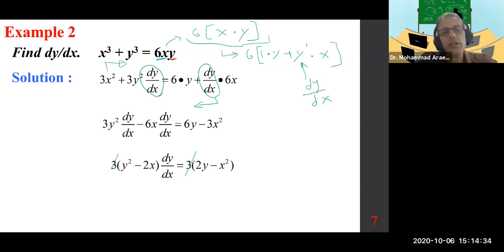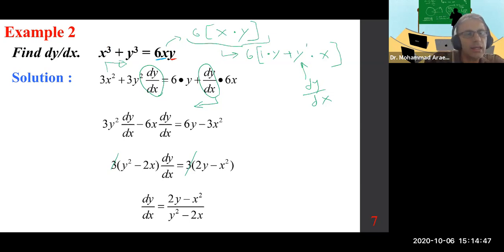And so dy dx becomes the right side over the parentheses of the left side. And you're done. The only thing I want to add, because I've seen students sometimes having difficulty with that, is that the way we moved is fine and dandy. If you move it in a different format, you may end up with the following answer. So take a look.